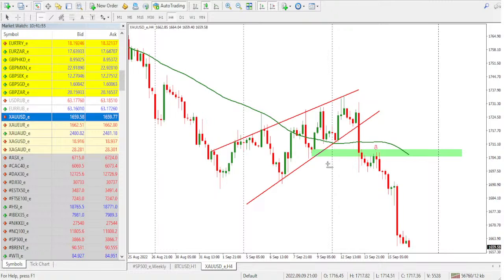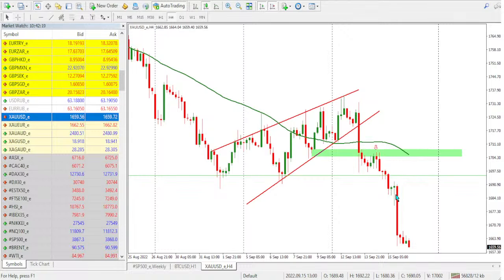Your first target is this one, and then when this level is broken, we'd like to see some pullback, then we pick another position. So this here was a good place to sell from. A break below this point could have meant we want to see some pullback again up to this point so that we pick a sell. That did not happen, so we held on to this position.